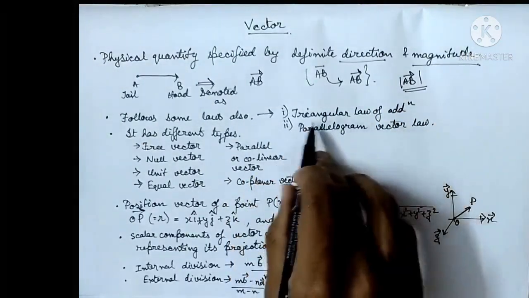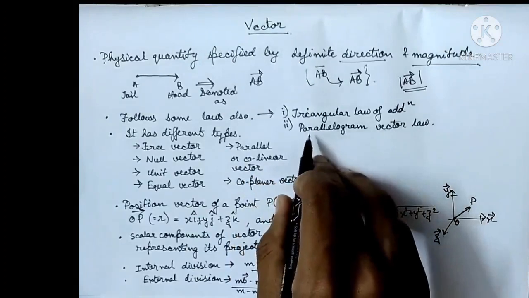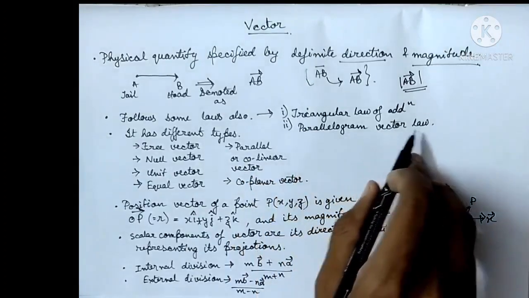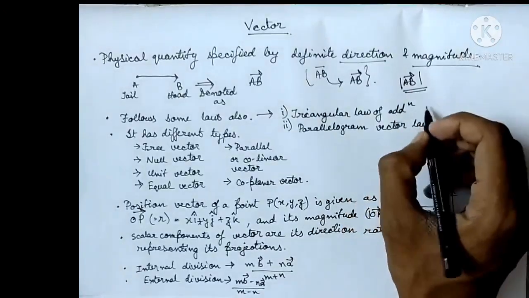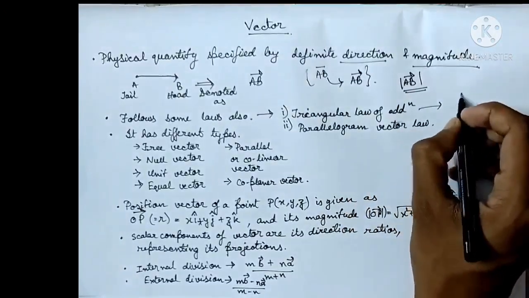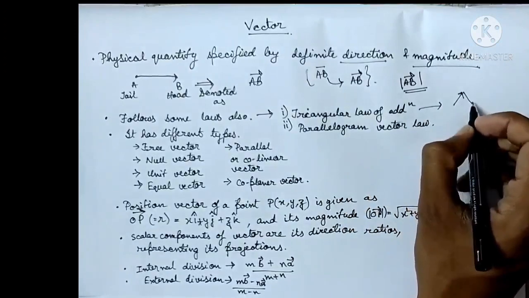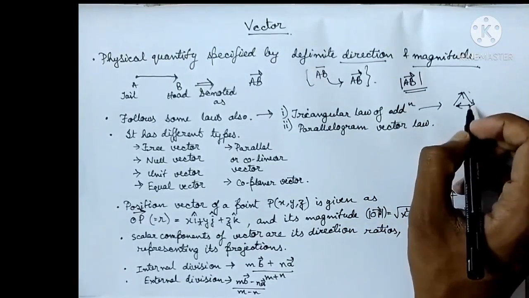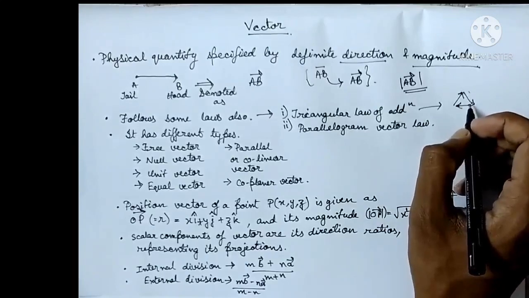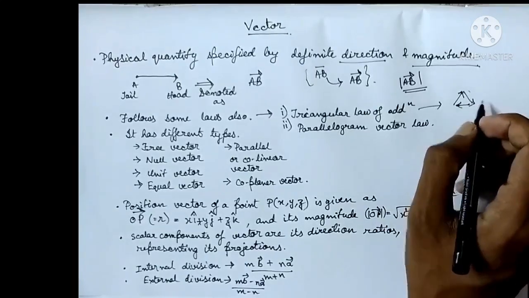There are some laws that it follows. Among them are the triangular law of addition and the parallelogram vector law. The triangular law of addition basically shows this: three vectors would be there.